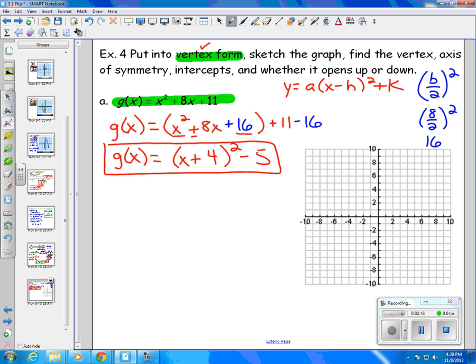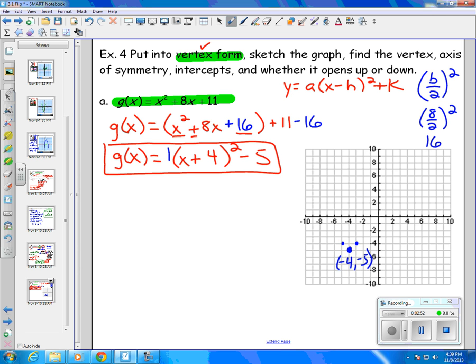It's a very simple case, but that is now in vertex form. So we can graph that real quick. We know that the vertex is at negative 4, negative 5 because of the plus 4 inside and the minus 5 outside. So negative 4, negative 5 would put us here for our vertex. Utilizing what we know about quadratics, if my value of a is 1, which it is in this case, I can move up 1, since 1 squared times 1 is 1, so we move up 1 on each side.